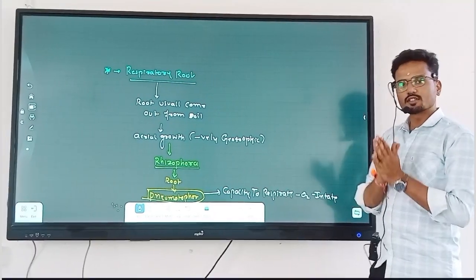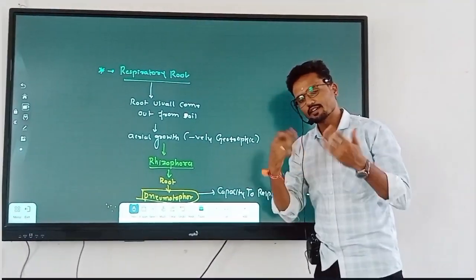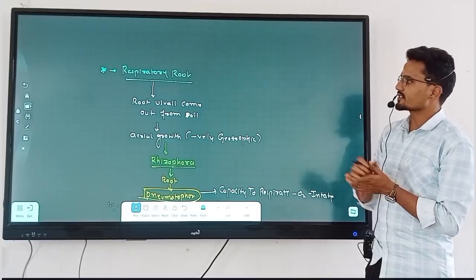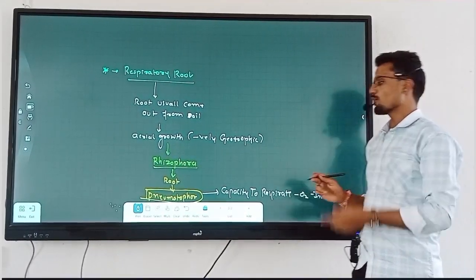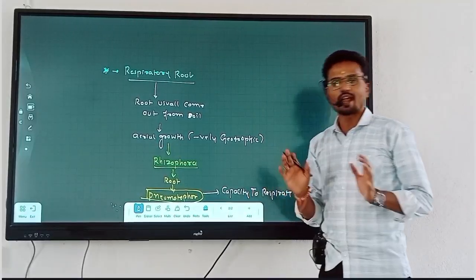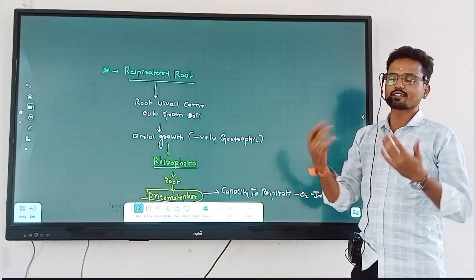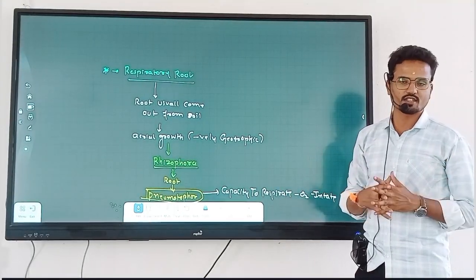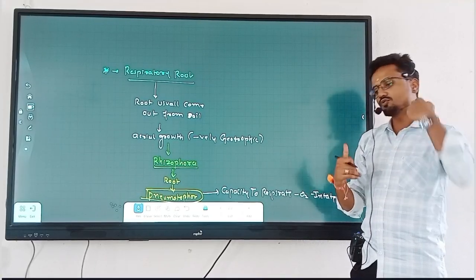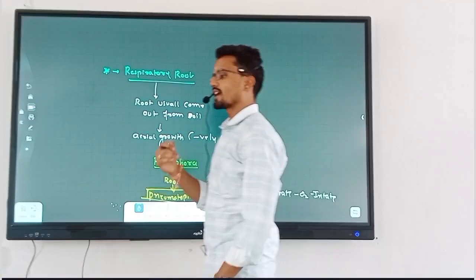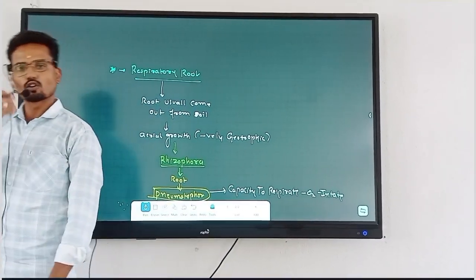Next we discussed the different regions of a root, and then the different modifications of root. Now there is another important structure in a plant that is also part of morphology, and it is very important. That is called the stem. In the last video we discussed how the stem actually grows.